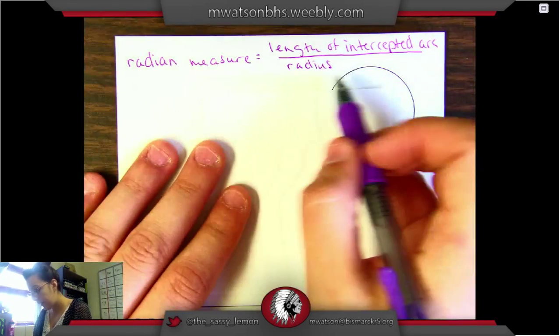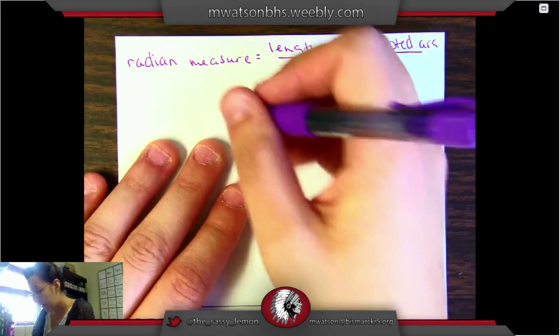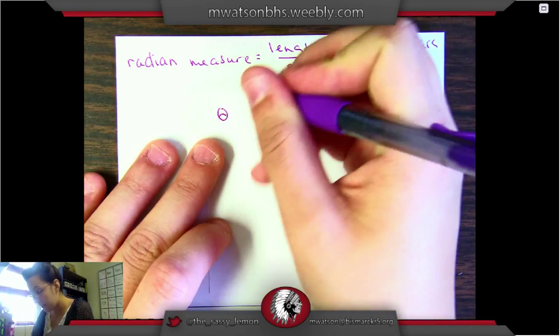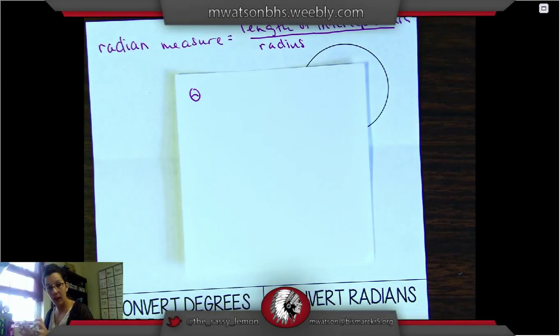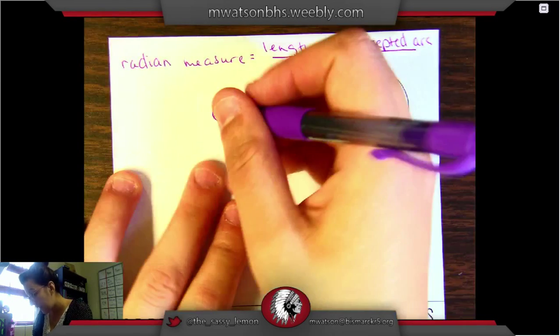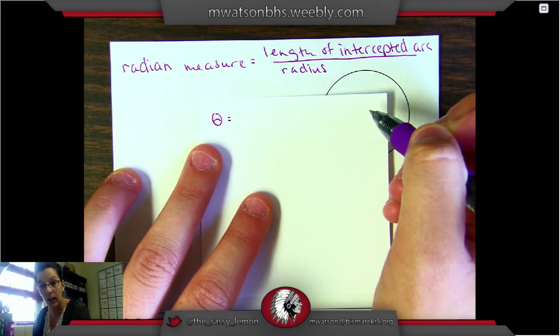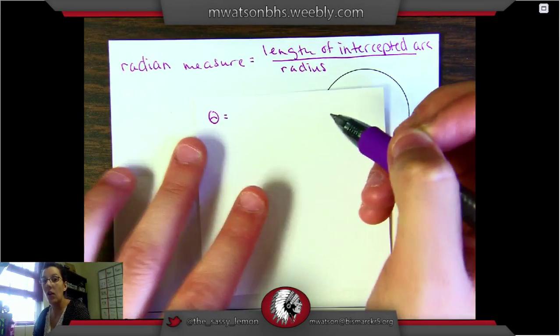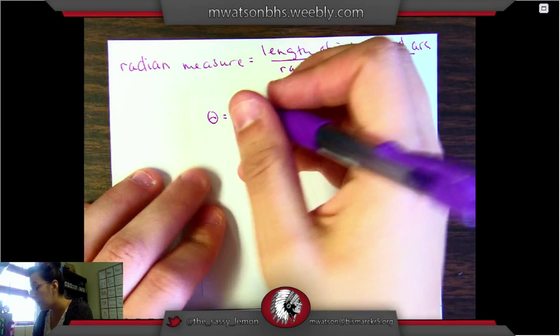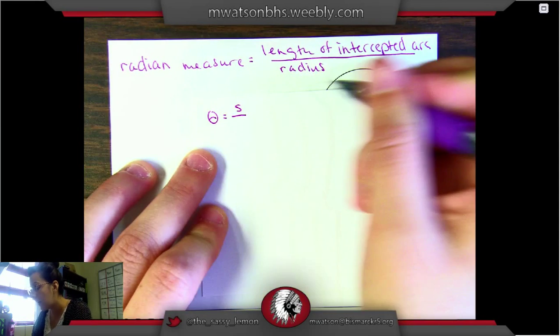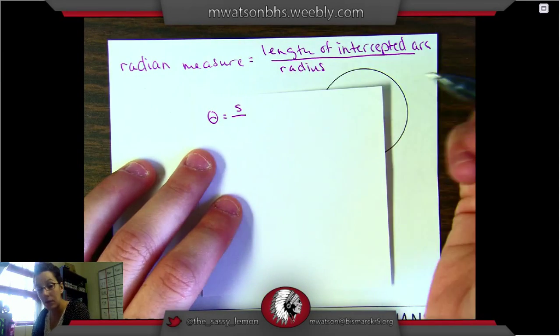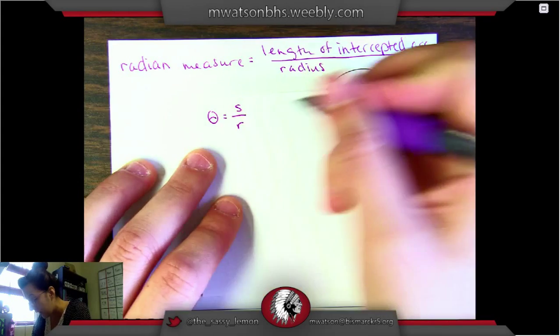To abbreviate this with variables, I'm going to say that theta, the variable we're going to use to stand for angle measure in radians, is equal to the length of the intercepted arc, also known as arc length, and the variable for arc length is s. And it's divided by the radius, which we can abbreviate as r.